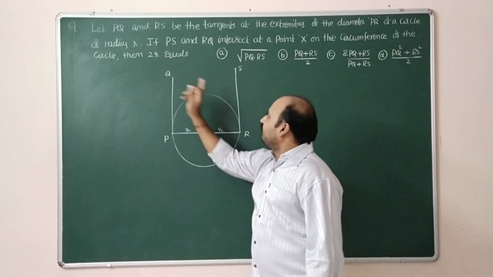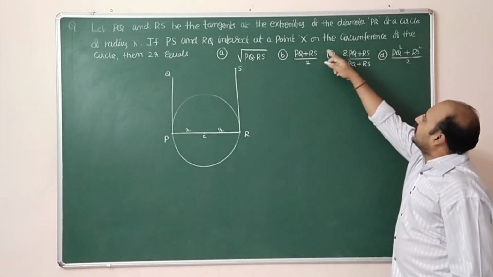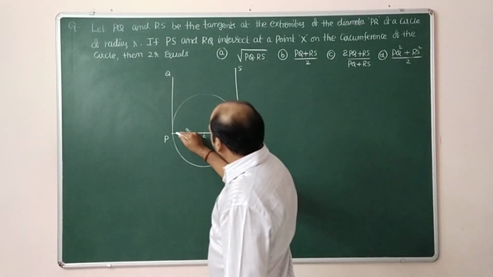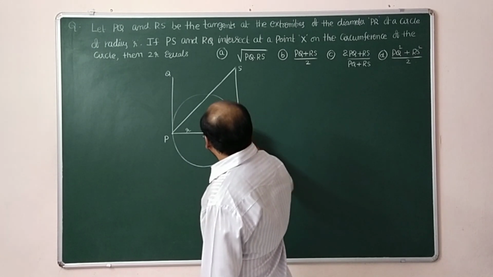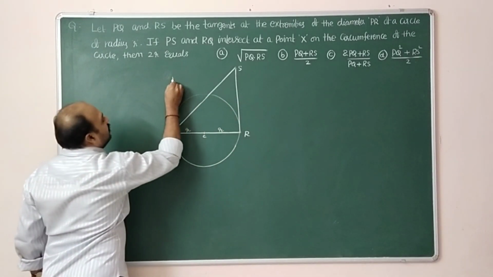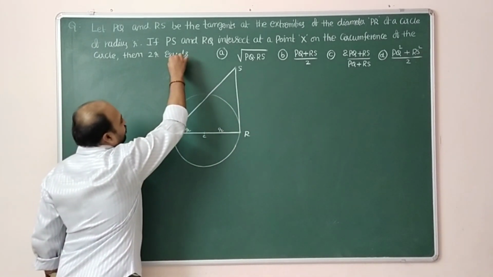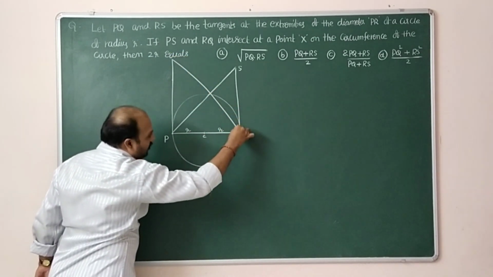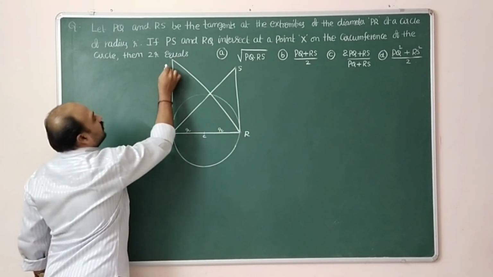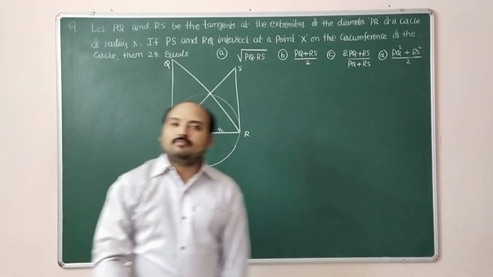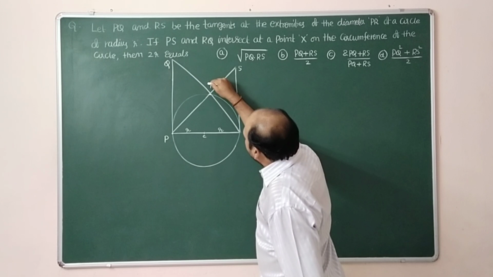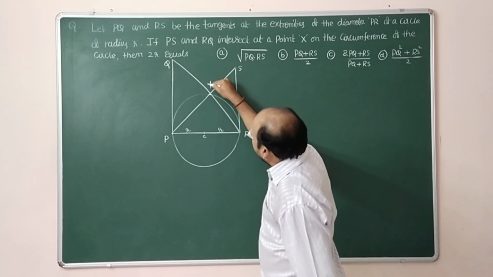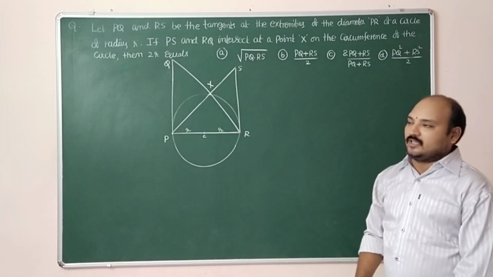PS and RQ are intersecting at the point X. So first join PS, and a little bit you can write Q here based on that. This is the Q point now. So this is capital X, which lies on the circumference of the circle.